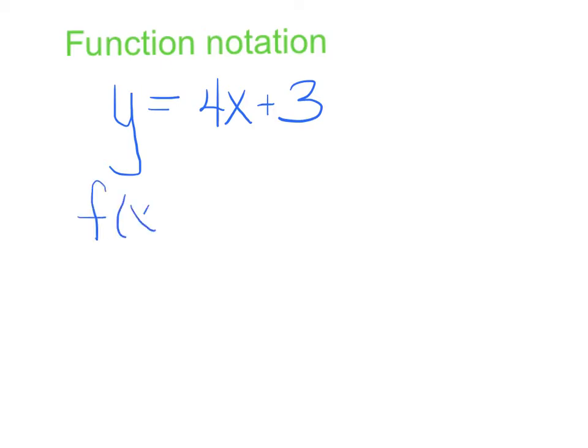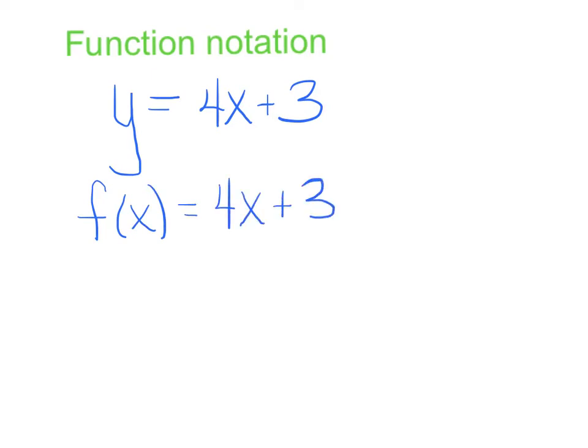Our next mini topic is just function notation. I want to be clear that a lot of times in algebra you've said y equals, we'll say 4x plus 3. Now function notation, instead of saying y equals, we just use f of x equals 4x plus 3. And what is this implying?